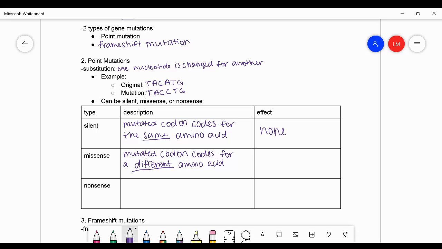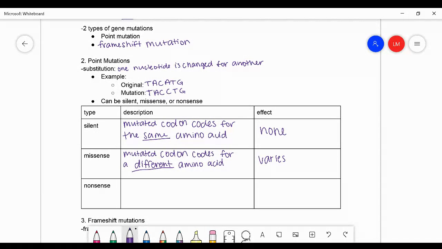And the effect of that is going to vary depending on which amino acid it's gotten switched from. So let me backtrack for a second. Remember that if the DNA changes, mRNA will reflect that change, and then we're skipping ahead to what the amino acid will be here. Just don't forget that.